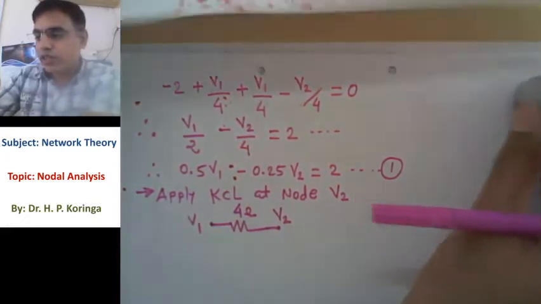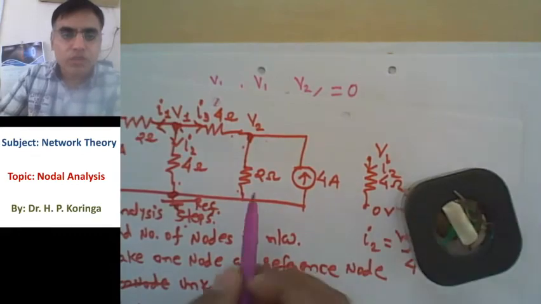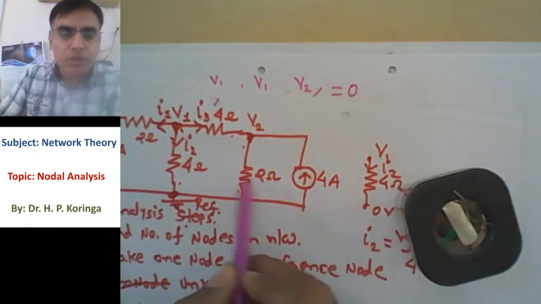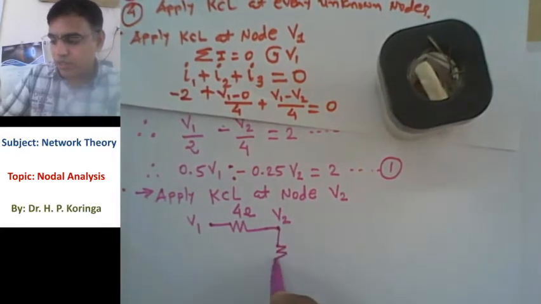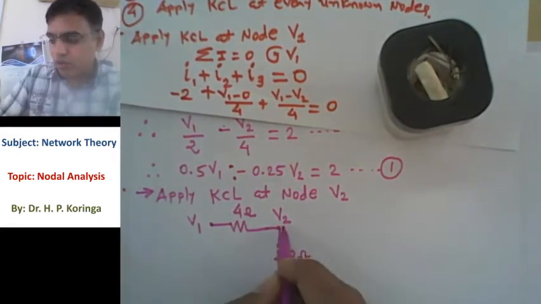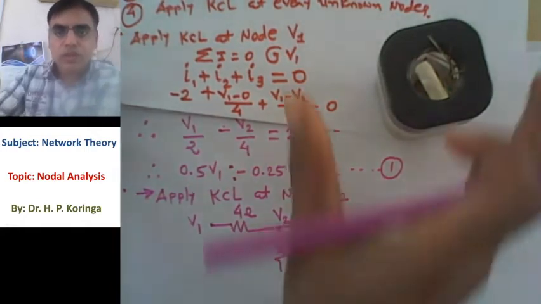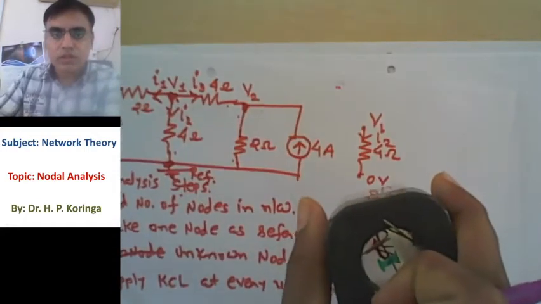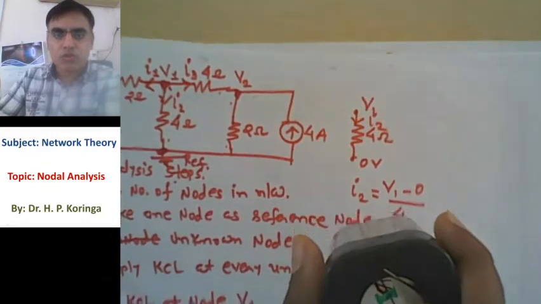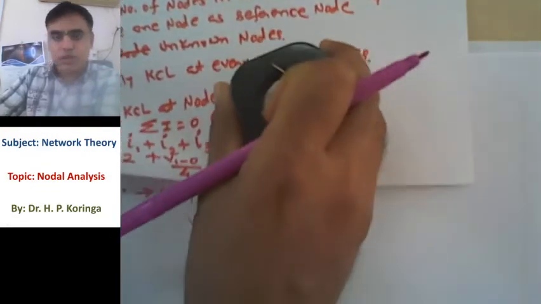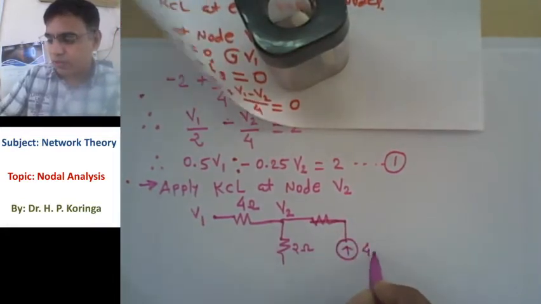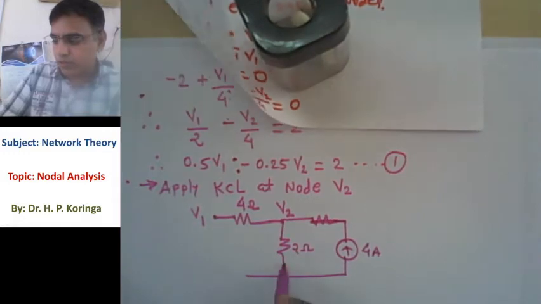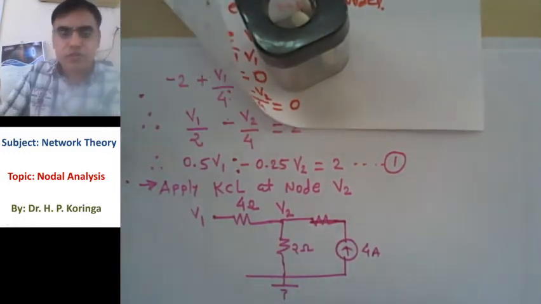Let's see the circuit: 2 ohm, 4 ohm, and here I have a current source of 4 ampere, and this is the reference, right?